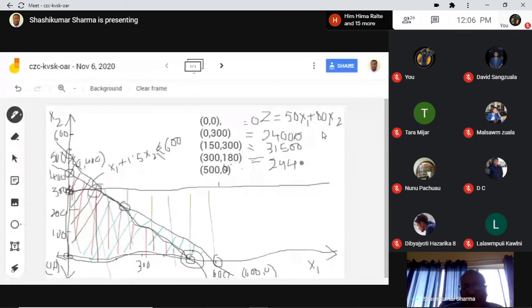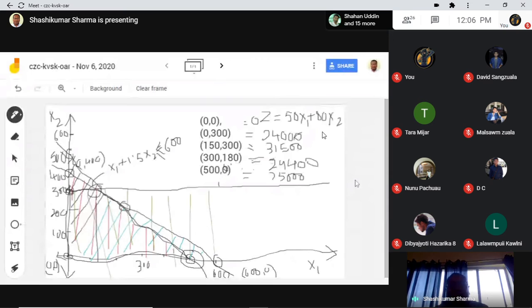And of course the last one is 500 into 550, so you will get 25,000. Then the next one is 0, 0, so it will not affect much. So what you have is out here.